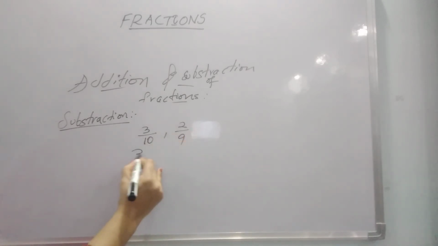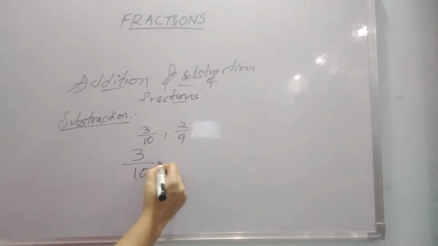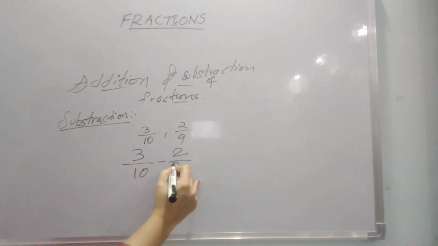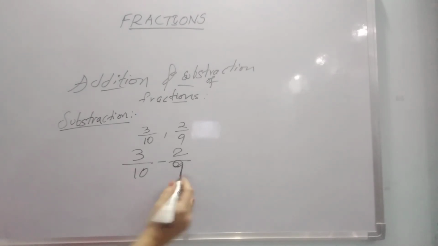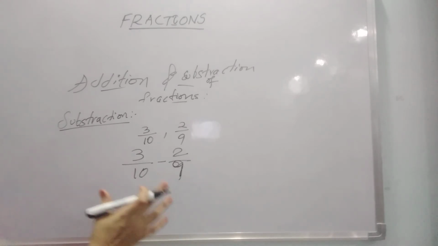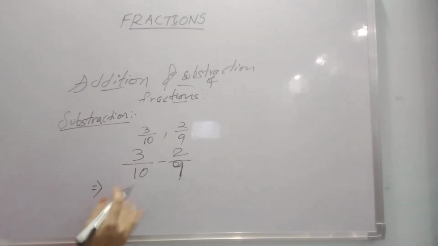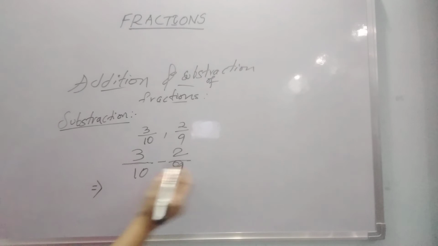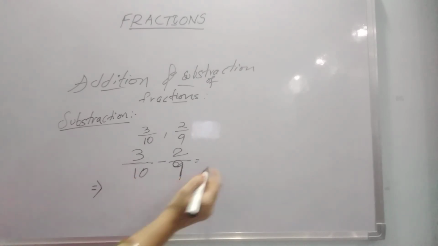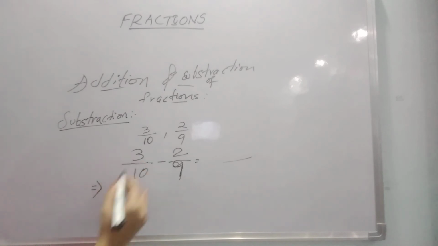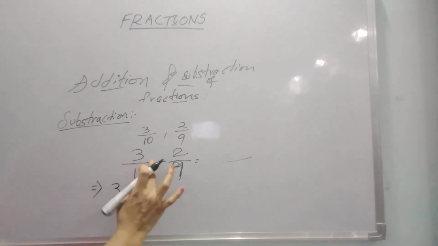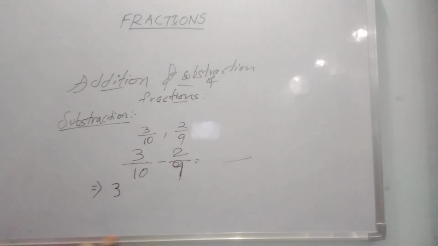That means if we subtract two unlike fractions, how can you do it? Okay, 3 by 10 minus 2 by 9. We have to take the LCM like this. If you take the LCM of 10 and 9, that is a very long process. So you have to convert unlike fractions into like fractions.